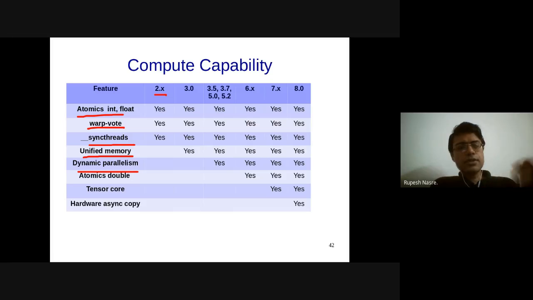Note that all of these functionalities seem to be backwards compatible, which means that a newer version contains all of the facilities of the previous version. Until then, we had support for atomics only for 4-byte data types, that is integer and float. But as data sizes were growing, and people started using GPUs for many different applications where double precision is a very important aspect, the atomics for double were not present in the earlier GPUs.